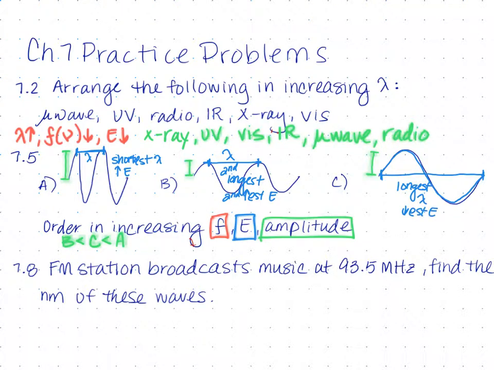So if I'm ordering them in increasing energies, then I would start with C, I would go to B, and then A. Okay, last is frequency. Frequency is the same trend as energy, so I'm just going to copy what I just put, C, B, and A. It's easiest to look at wavelength and determine energy and frequency from the wavelength.